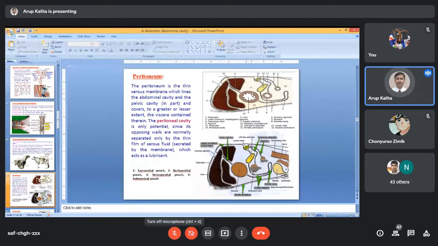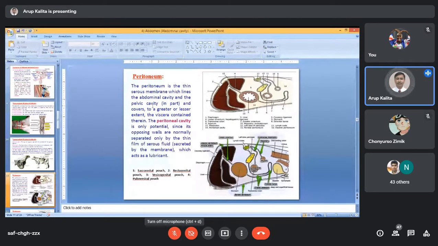Now what is the peritoneum? The peritoneum is a thin serous membrane which lines the abdominal cavity and part of the pelvic cavity. That outer lining is known as the parietal peritoneum.